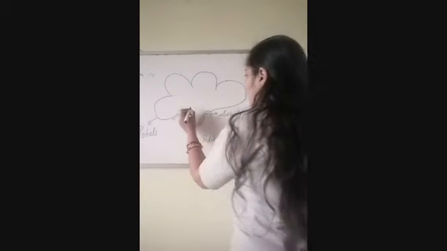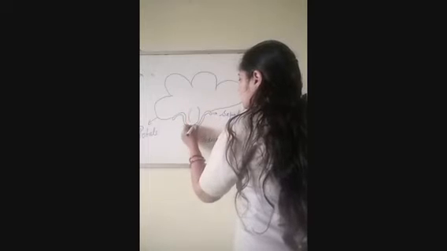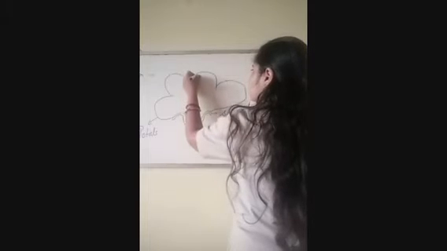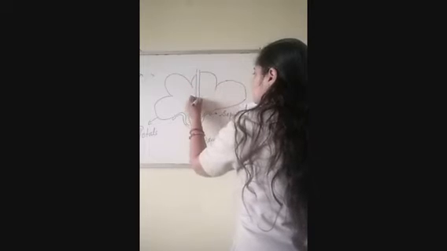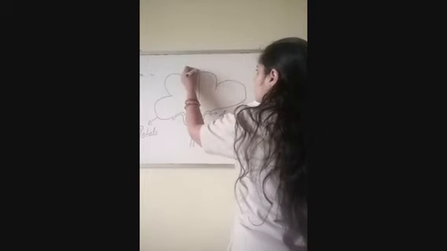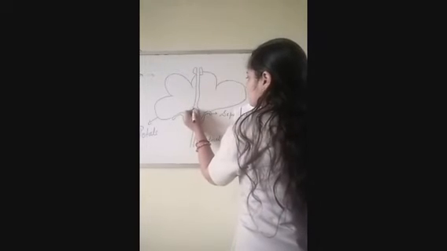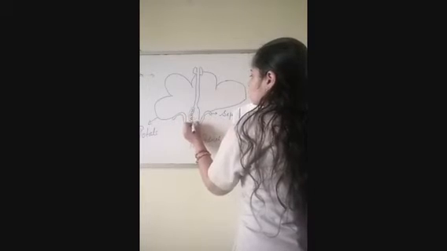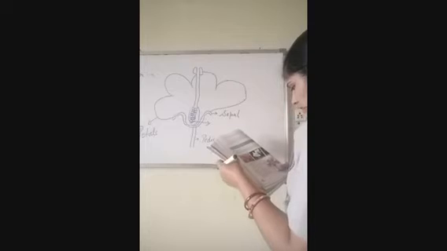A center part which is something like this, and there is an elongated tube, and inside this you can see small circles which are called as the ovules.